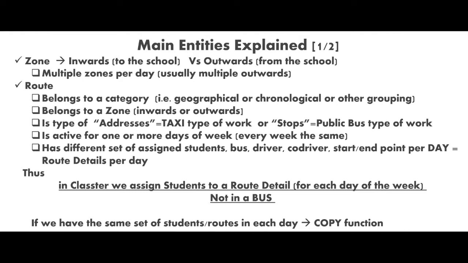So in reality, any route in Classter is activated for specific dates. For each day, so for Monday, we have a route detail that defines which bus is going to serve this route on Monday, who is going to be the bus driver, who is going to be the chaperone or the co-driver, what are the starting and ending points, what is the selection of stops, and what is the selection of students included in this route detailing.